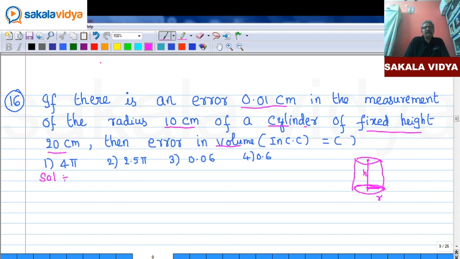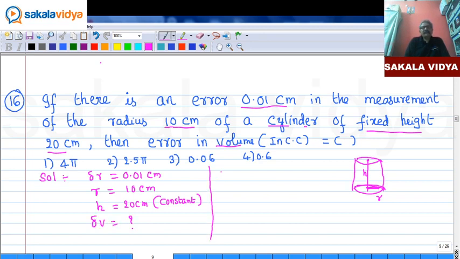Error in the radius, delta r is equal to 0.01 centimeter, radius r is equal to 10 centimeters, height is equal to 20 centimeters. This is constant. Next, the error in volume we need to find out. Delta V is equal to question mark.